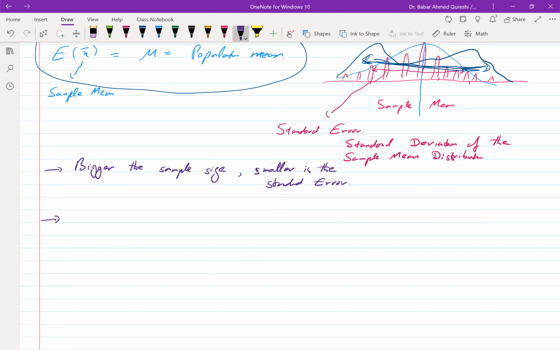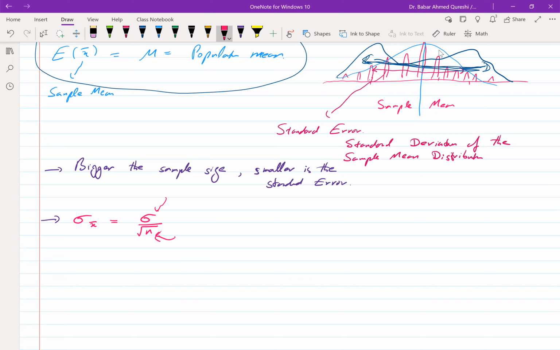So this is some further quantification of this distribution, that the standard deviation of the sample mean distribution depends on how big a sample size you have. The bigger the sample size, the standard error reduces, because the sample size goes into the denominator.